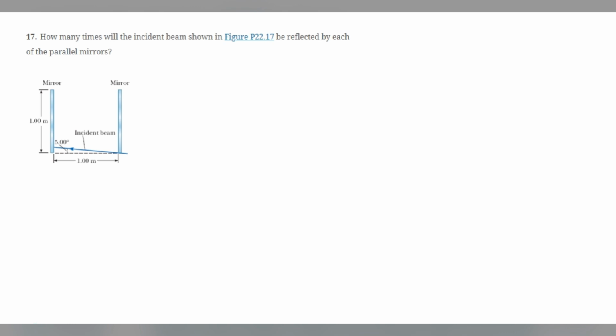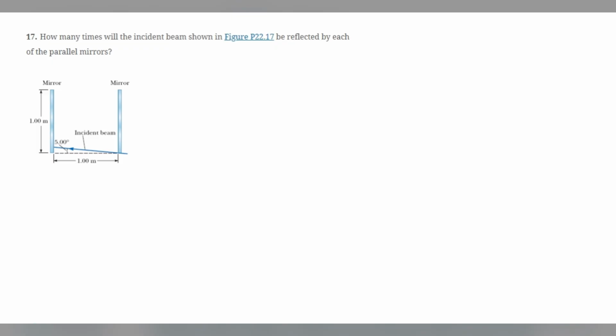And you want to find how many times the incident beam that is given will be reflected by each of the parallel mirrors. So how many reflections are going to occur here?